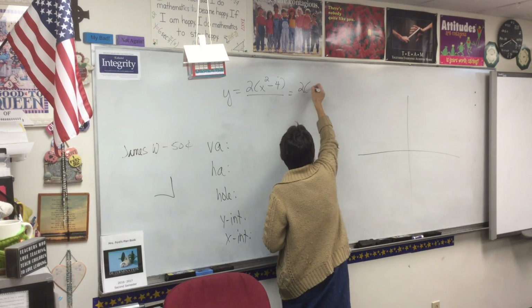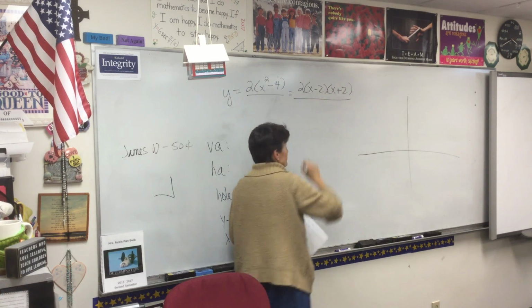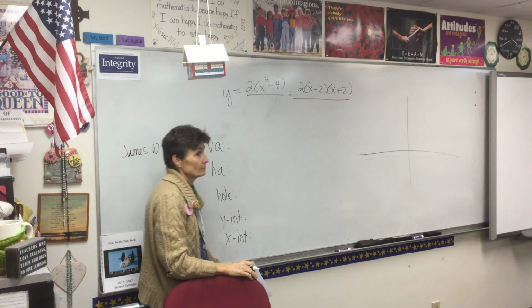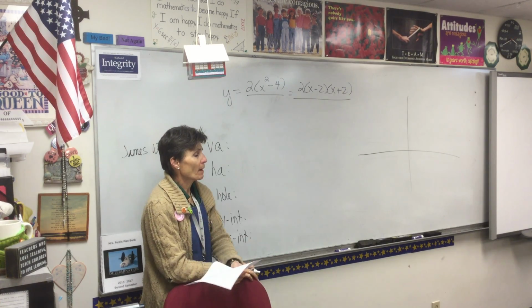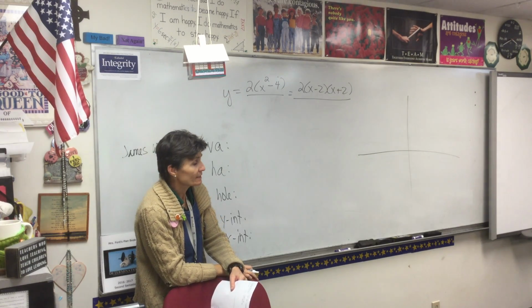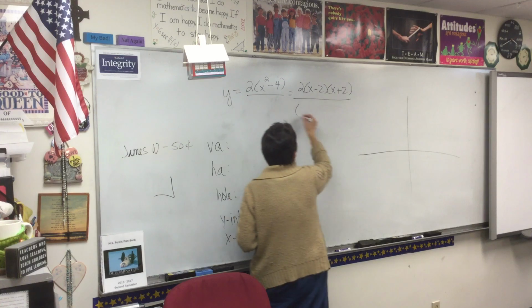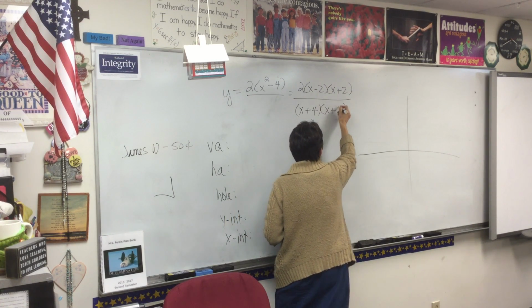But then you can factor it down some more. So there's the top. Can I take a 2 out of the bottom? X squared doesn't have a 2, so I'm not taking any 2's out. I'm just going to do this: x plus 4, x plus 2.